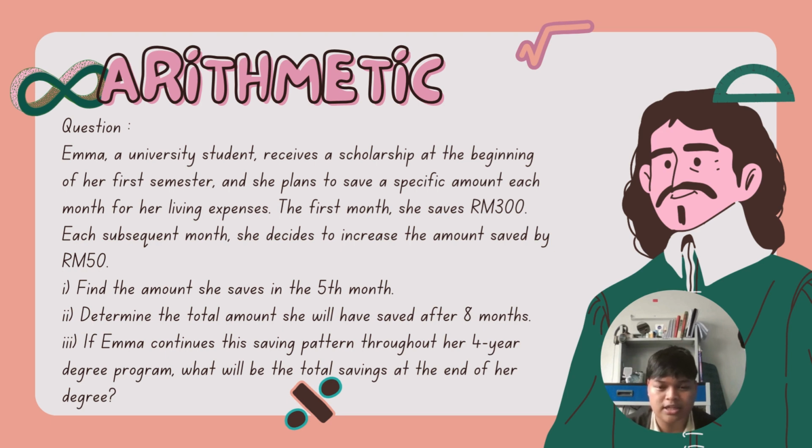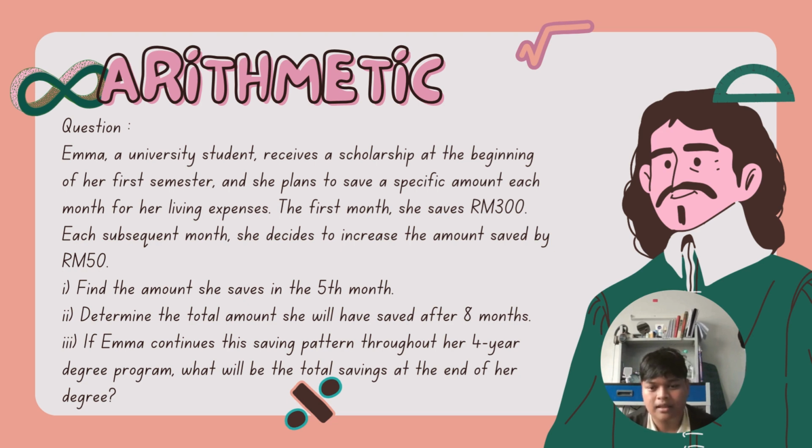The first arithmetic question is: Emma, a university student, received a scholarship at the beginning of her first semester, and she plans to save a specific amount each month for her living expenses. The first month, she saved 300 ringgit, and each subsequent month she decided to increase the amount saved by 50 ringgit.